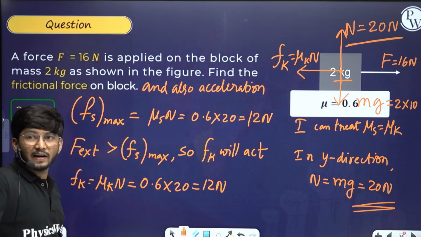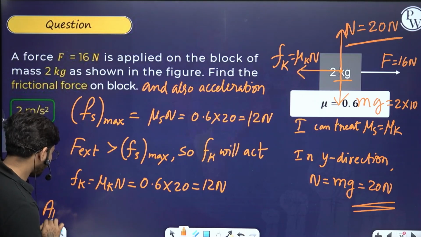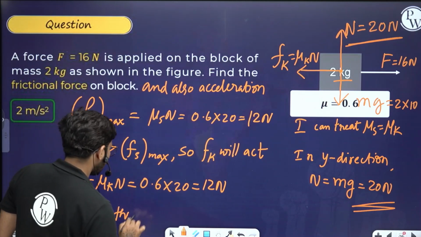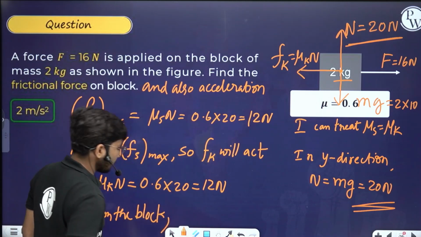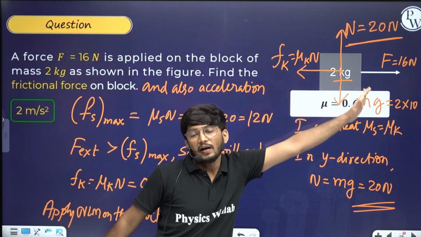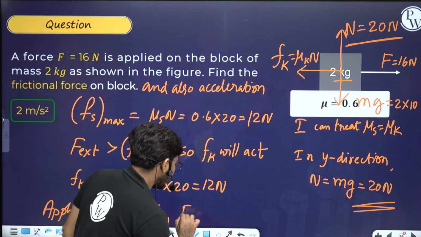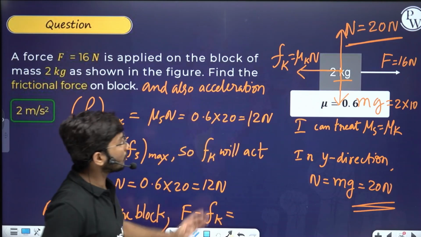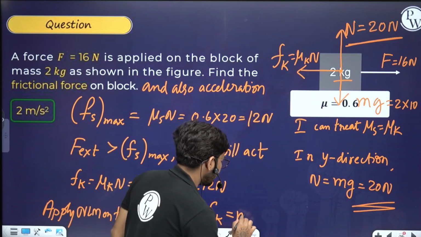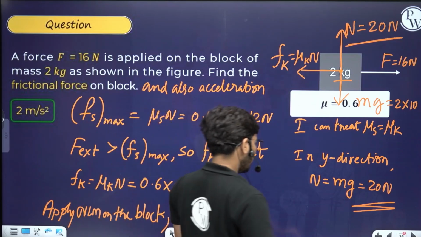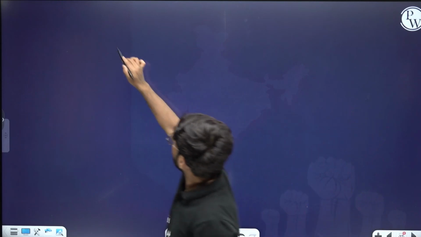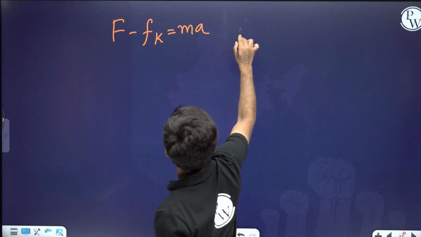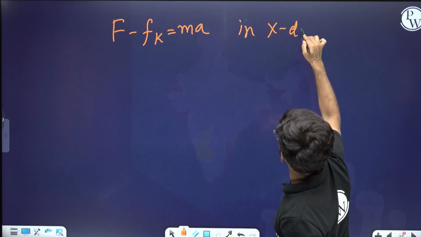So how do we write the acceleration? Apply NLM on the block now. F external is 16, right? F minus Fk is equal to mass into acceleration in x direction.